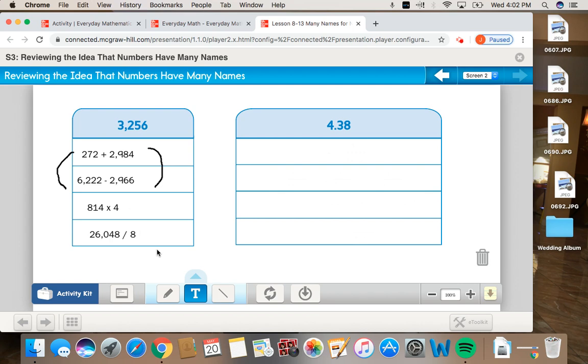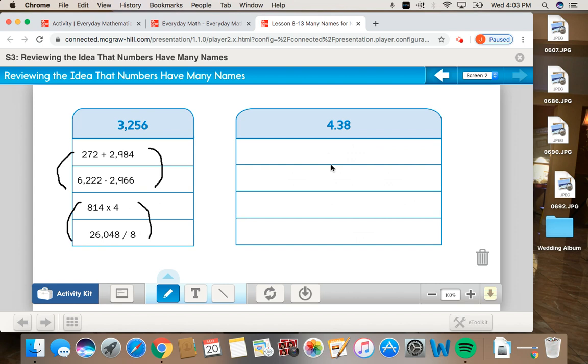Well, how in the world did I know that? Well, I decided to use the opposite operation and do 3,256 times 8. And this is what I got. So I know to undo that, I divide. So again, these two go together. So if you weren't really sure how to do it, that's my explanation on how I got mine. So maybe you want to go back and try to do yours again.